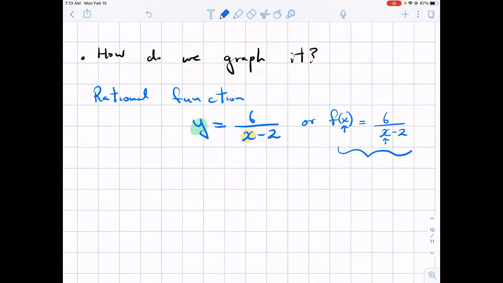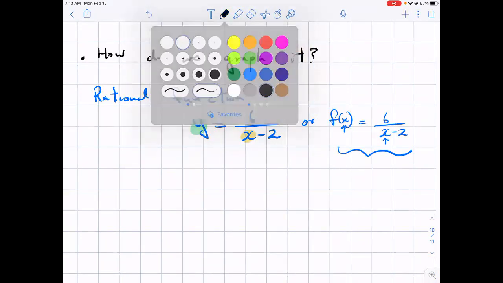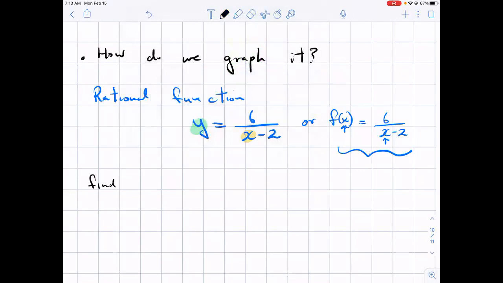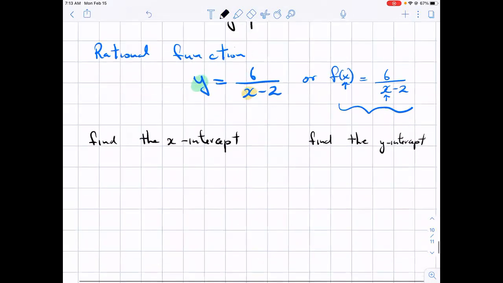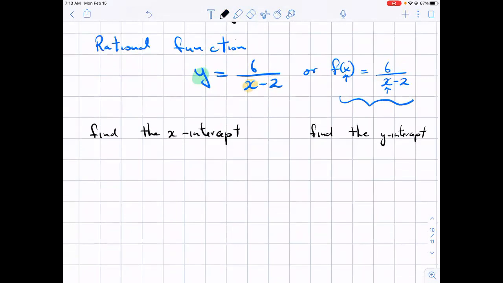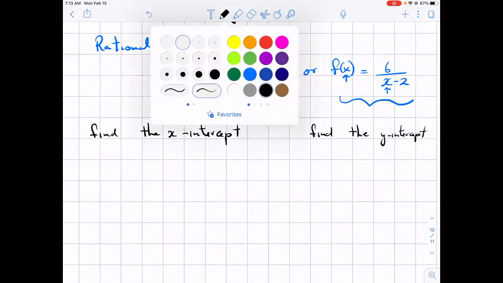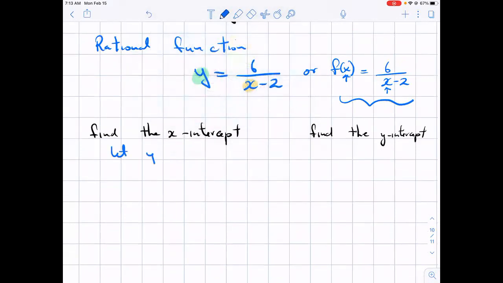Now, we first find the x-intercept and also find the y-intercept. Remember, to find the x-intercept, we let y equal 0. And to find the y-intercept, let x equal 0.